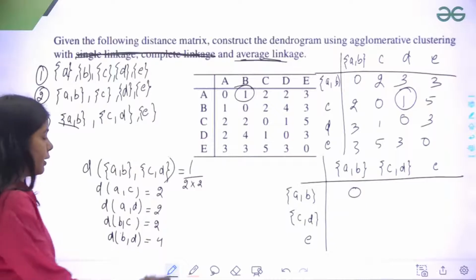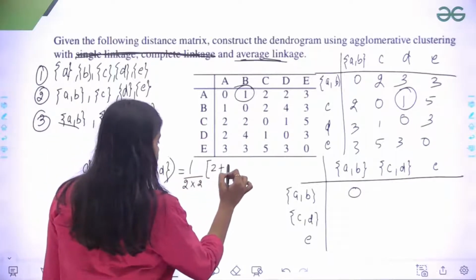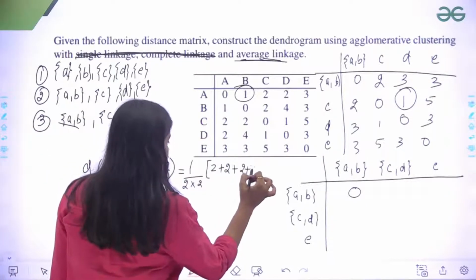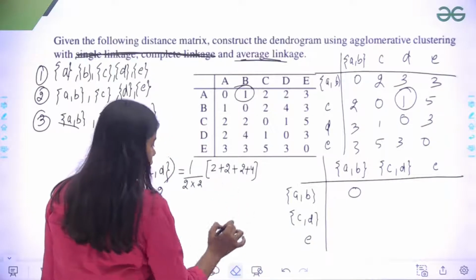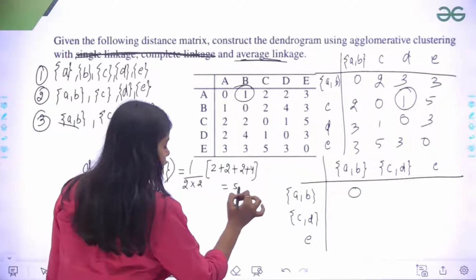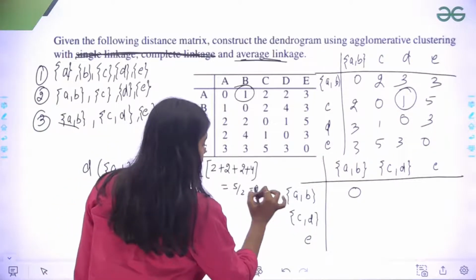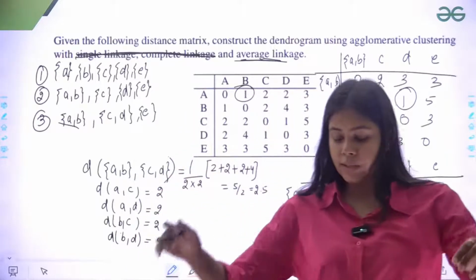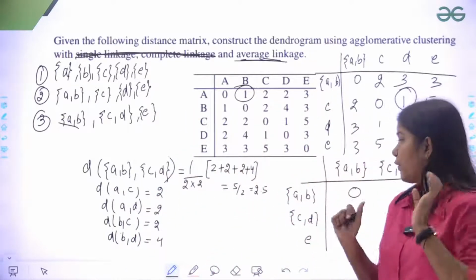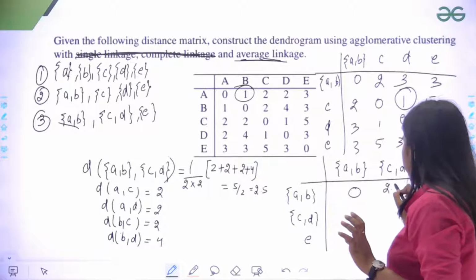I'll take sum of all the distances. So 2 plus 2 plus 2 plus 4. That would give me 10 by 4, that is 5 by 2. That would give you the distance 2.5. Right, Shalini. 2.5 is the correct answer. Right, 5 by 2, 2.5.